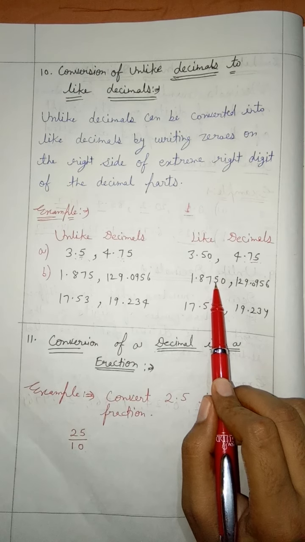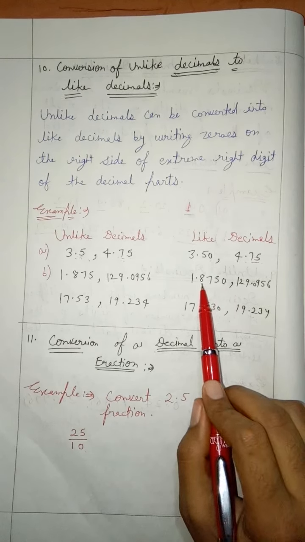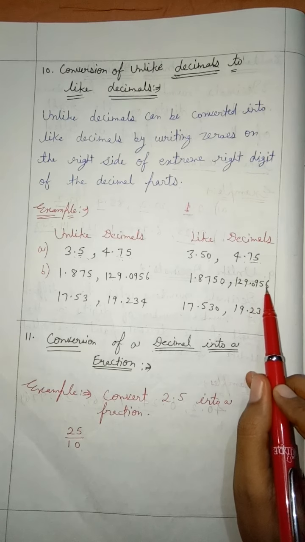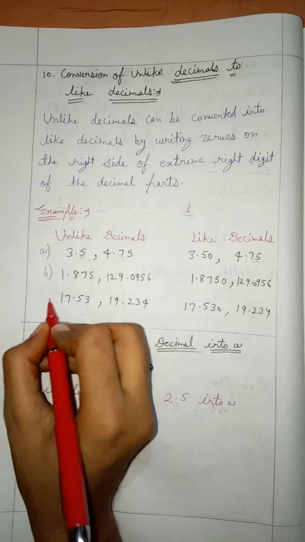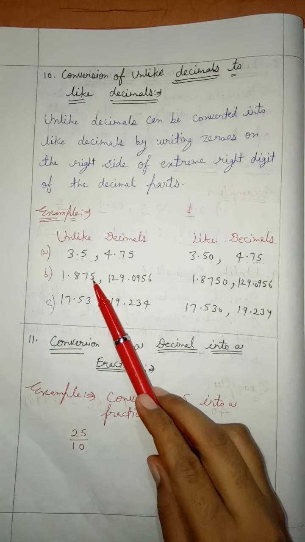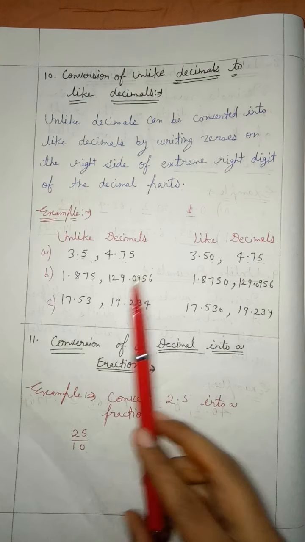We have 3 digits here. To make 4 digits, we put a 0 here: 1, 2, 3, 4. Now the second one, 129.0956. Now these decimal numbers are like decimals. Got it? The simple thing is that to convert unlike decimals into like decimals, you can put 0 after the decimal digits to make them like decimals.